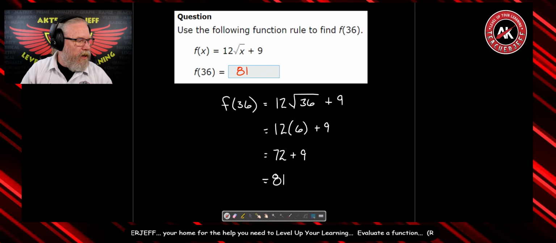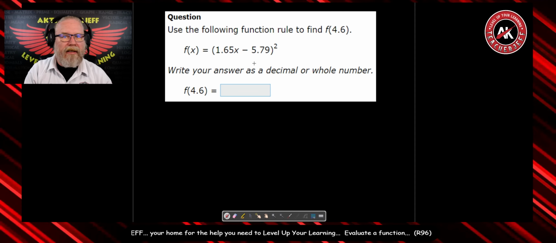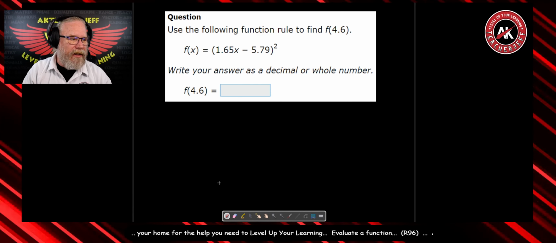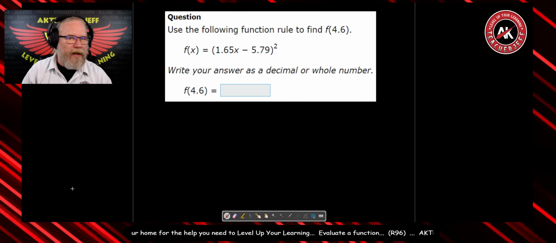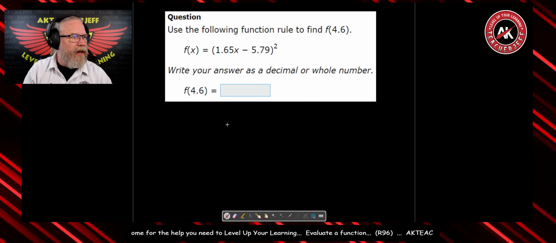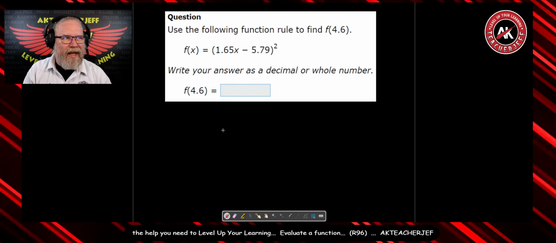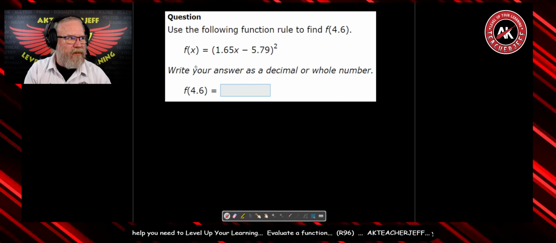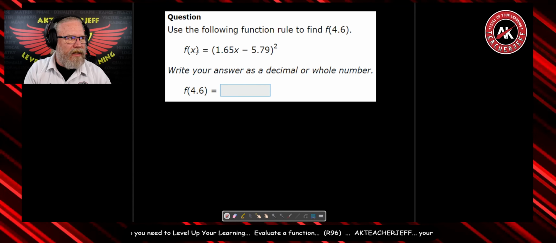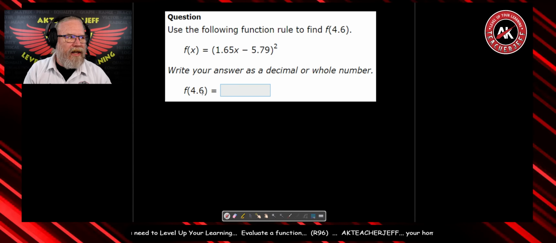Back over to our next slide here. Now this is where I'm definitely going to end up using a calculator, okay? I don't want to do all those decimals, and I'm sure that you don't either. Besides, this activity is more about understanding function notation, which is what this f of x is.